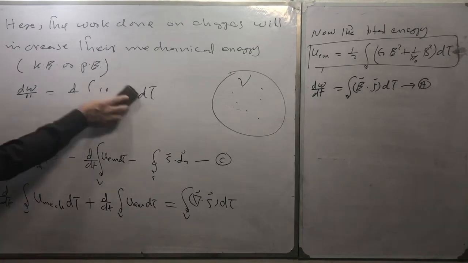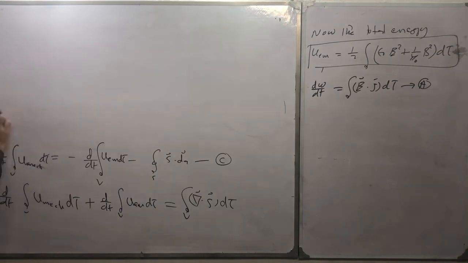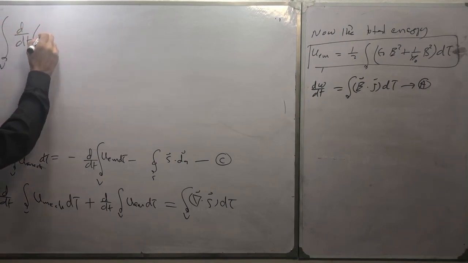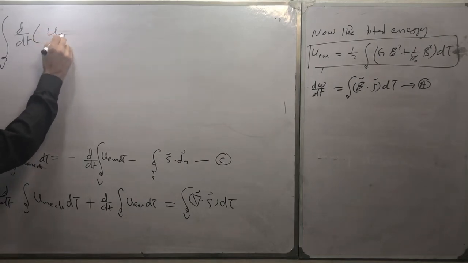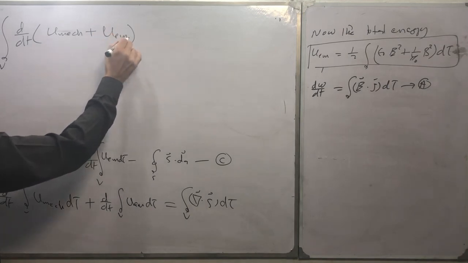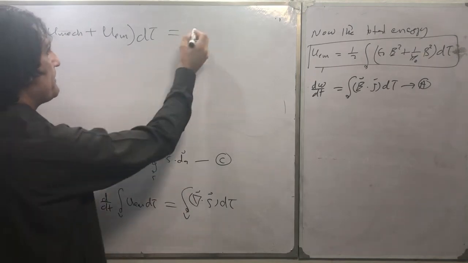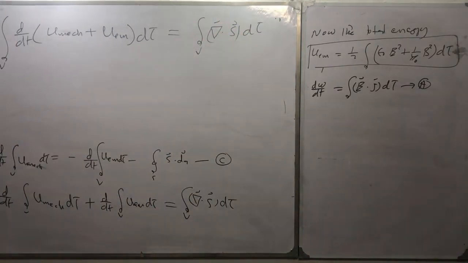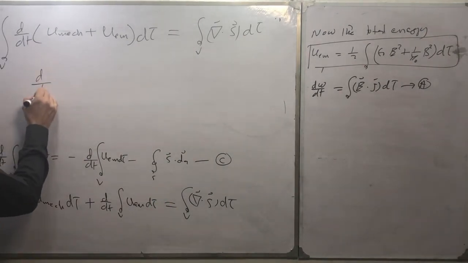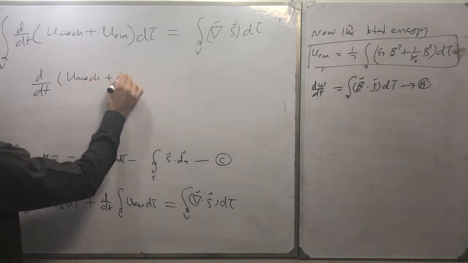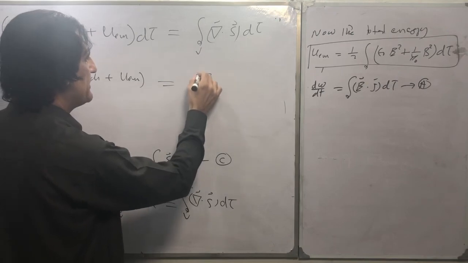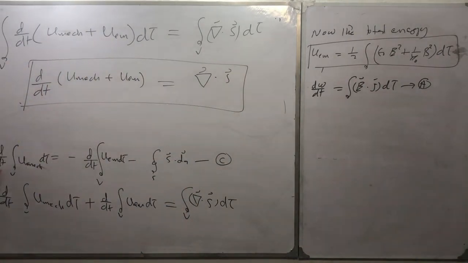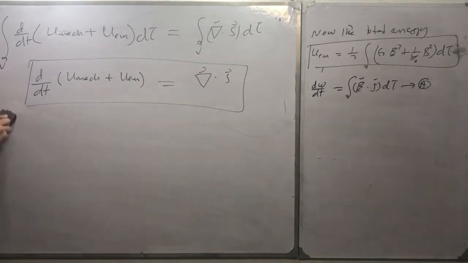Removing the integral, we have d divided by dt of u mechanical plus u electromagnetic equals divergence of S. And this equation is very important. It is known as the continuity equation for energy.